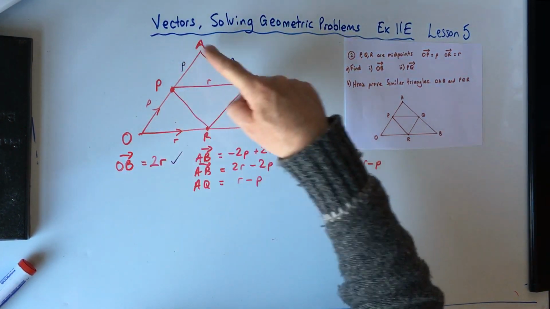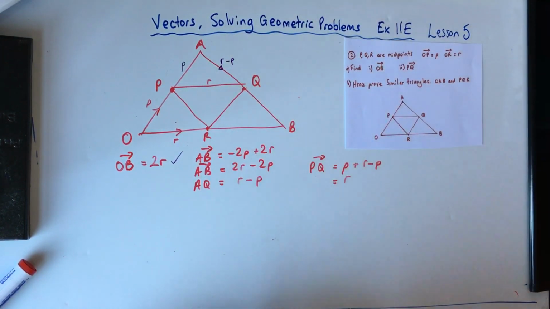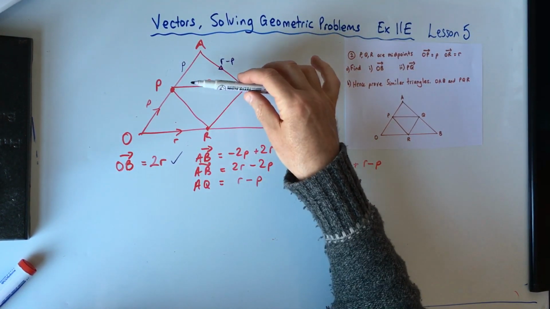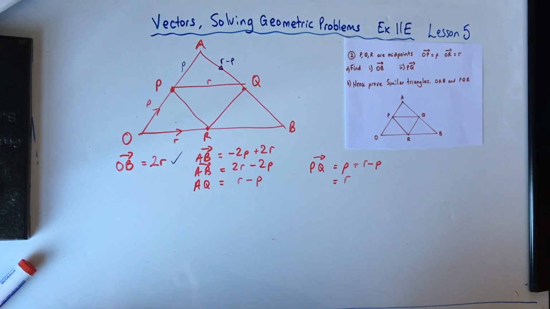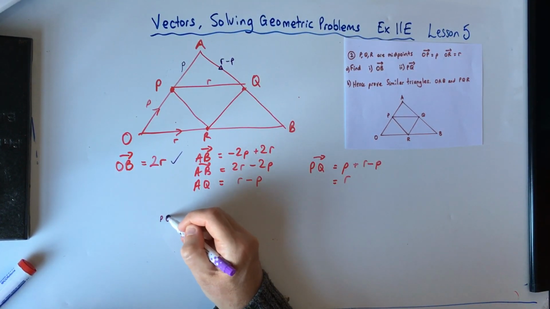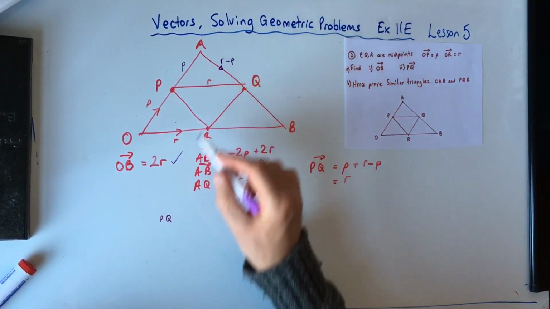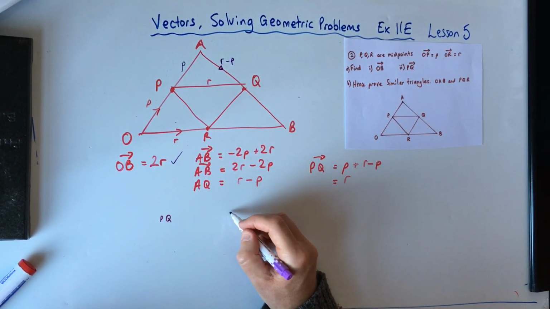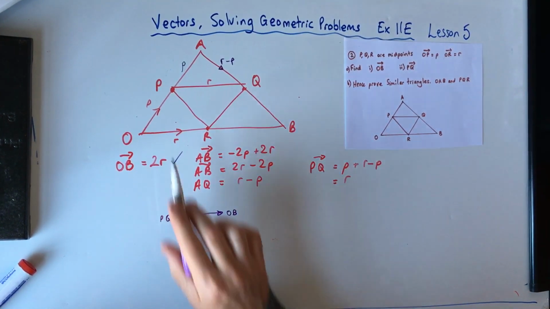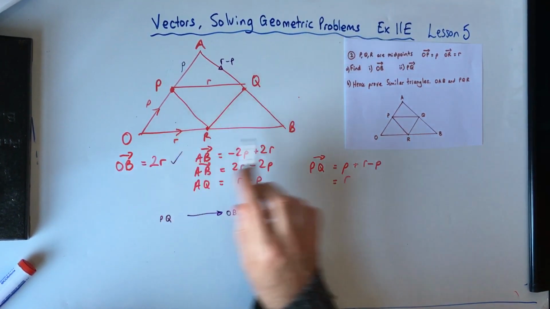So now they're saying this one and this one have got to be similar triangles. Well, they're similar if you can see that the ratios of the sides are all the same. We've got PQ, and I want you to compare PQ to OB.